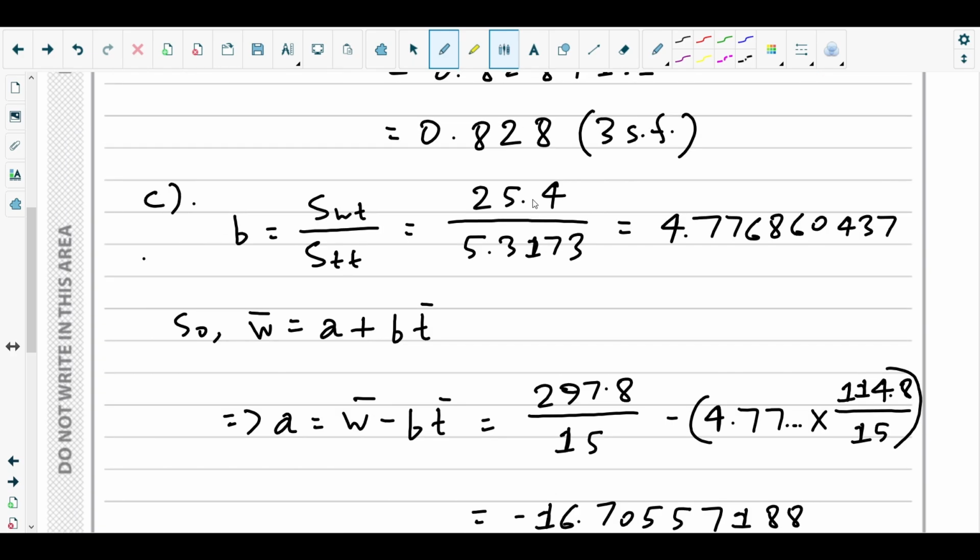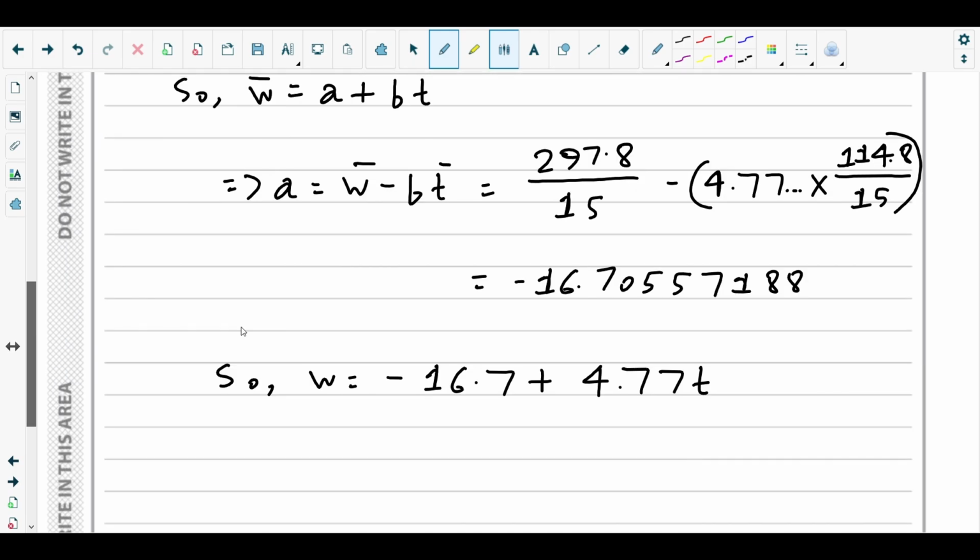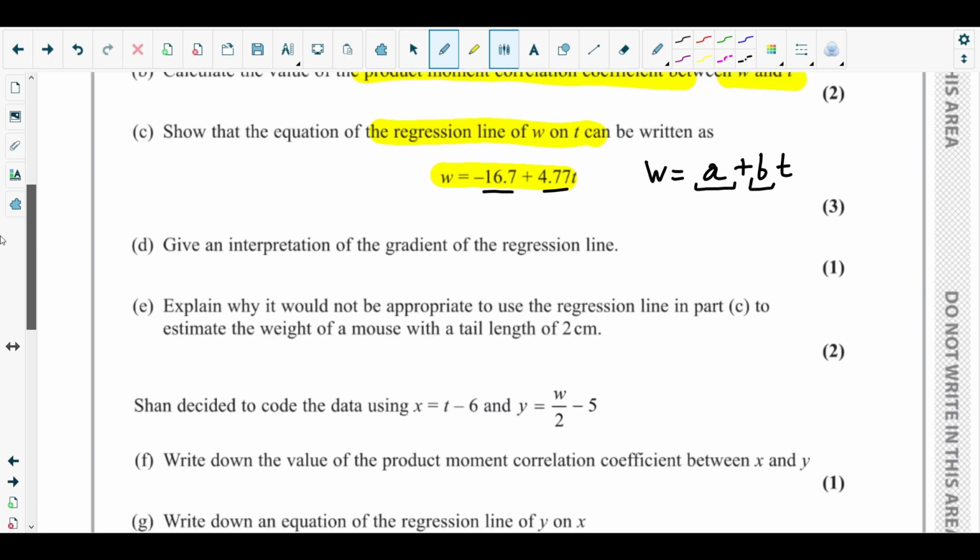So this value over 5.3173 gives exactly 4.7701 something. Let me write the exact value: 0716968. Always deal with the exact value to get a more accurate answer. So that's what they asked for in part C, and we have shown it correctly.